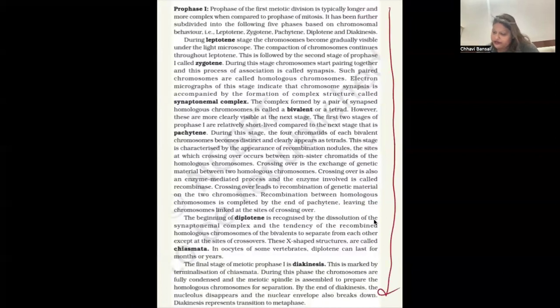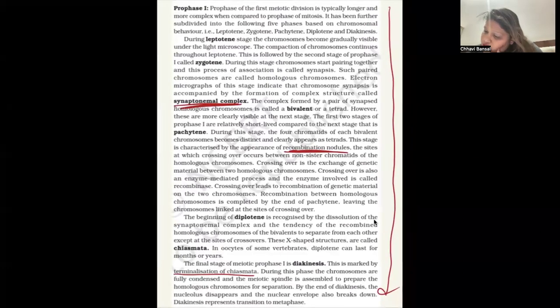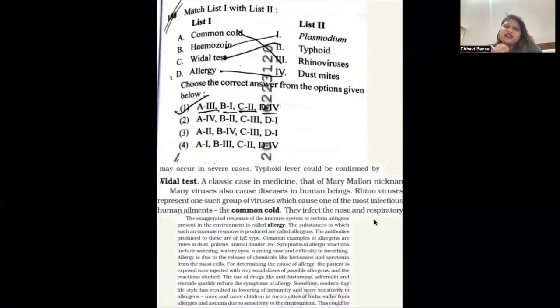All the stages are written, for example, diakinesis, terminalization of chiasmata, diplotene stage. For pachytene, recombination nodules, for zygotene stage, synaptonemal complex, for leptotene stage, the compaction of chromosomes, right? So these are the 4 stages that they have asked in the question, and each and every answer is from NCERT.